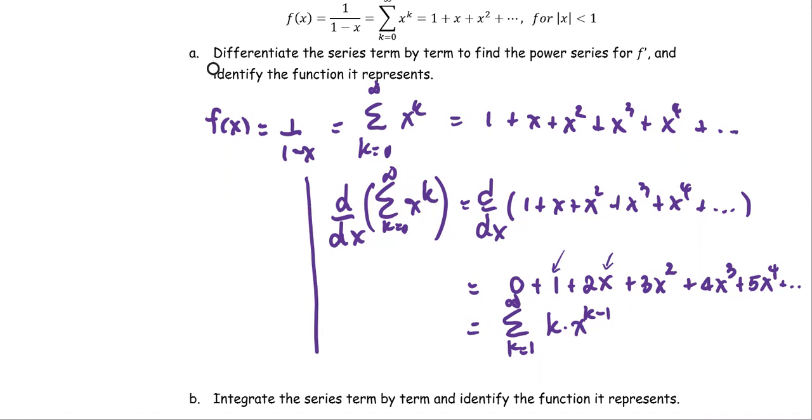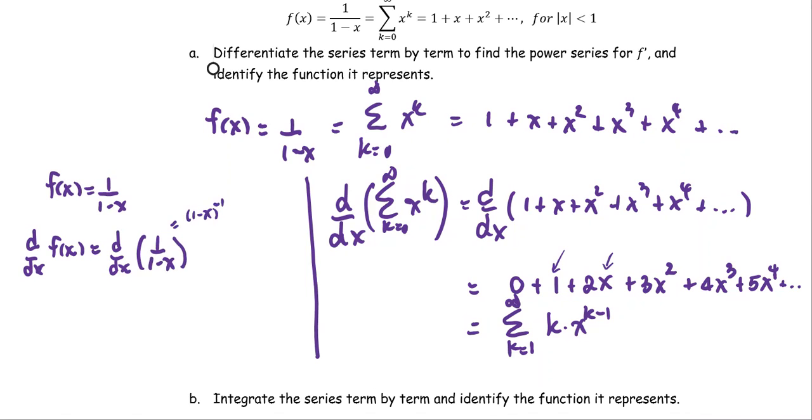How about the exact function form? For f of x equals 1 over 1 minus x, if we find the derivative of the function directly, f prime, the derivative of 1 divided by 1 minus x, this is the same as 1 minus x to the power negative first.